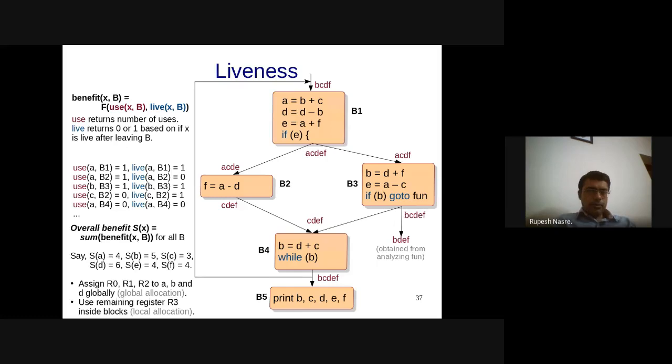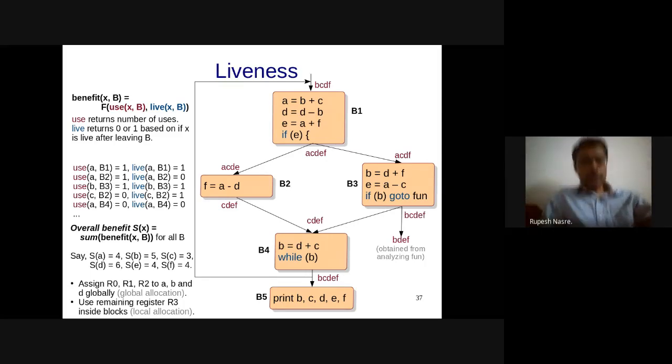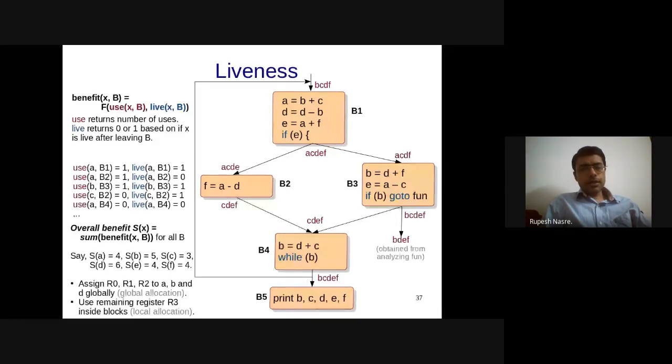Okay. So we were looking at live variables analysis, and this was required because we wanted to perform register allocation. Let's say that we perform this live variables analysis, which was a backwards pass starting from use to the definitions, and using that we might be able to make certain decisions with respect to what variables can go into registers globally and what registers can be left free for local allocation within the basic block.